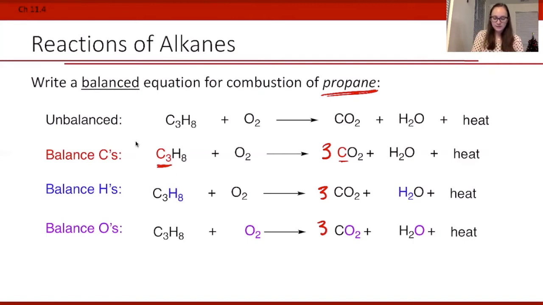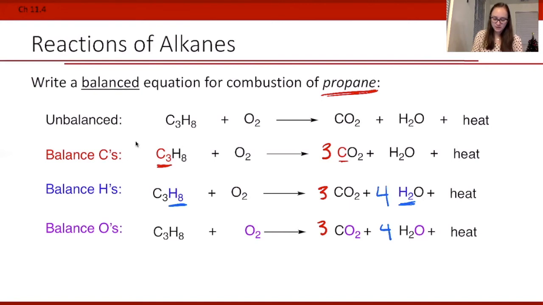The next step is to balance our number of hydrogens. Over here we have 8 hydrogens, and on the right side we only have 2. What coefficient do we need to put in front of water to make both have the same number? If I multiply H2O by 4, it gives me 8 hydrogens. Therefore, now we're even. I'm going to again carry that number down.